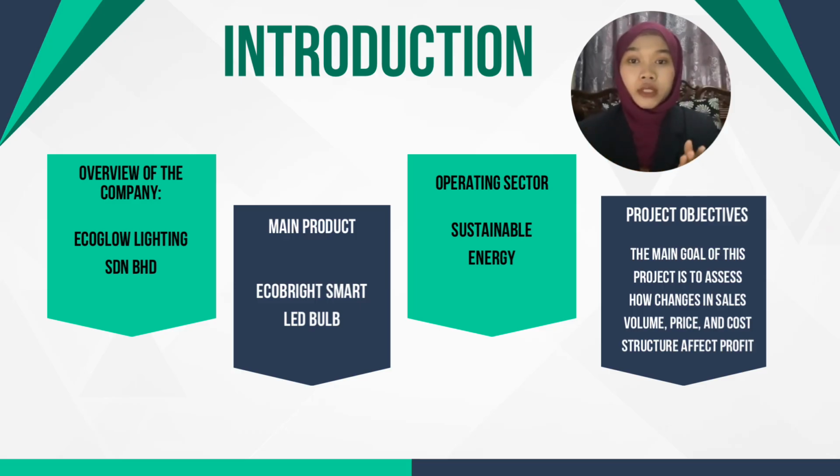The main goal of this project is to assess how changes in sales volume, price, and cost structure affect profit. We use cost, volume, profit to evaluate 5 scenarios. We aim to recommend the most effective financial strategy to help EcoGlow achieve its net income to sales target of 28%.